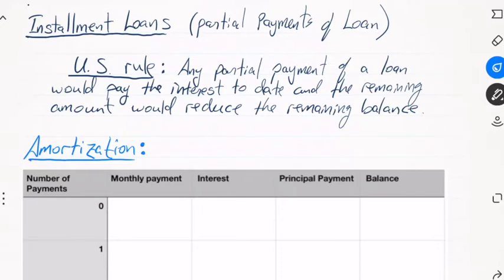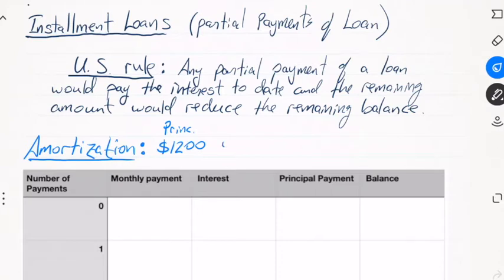All right, so let's just create a fictional loan with a simple interest rate. Well, it's technically compound interest, but simple as in easy to work with. And then I want to show you something that happens. So let's say we borrowed $1,200. So this is our principal.